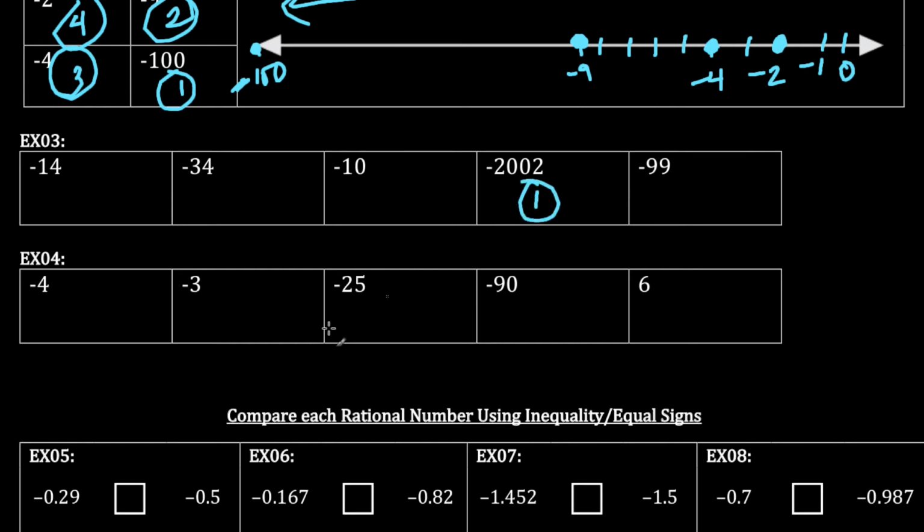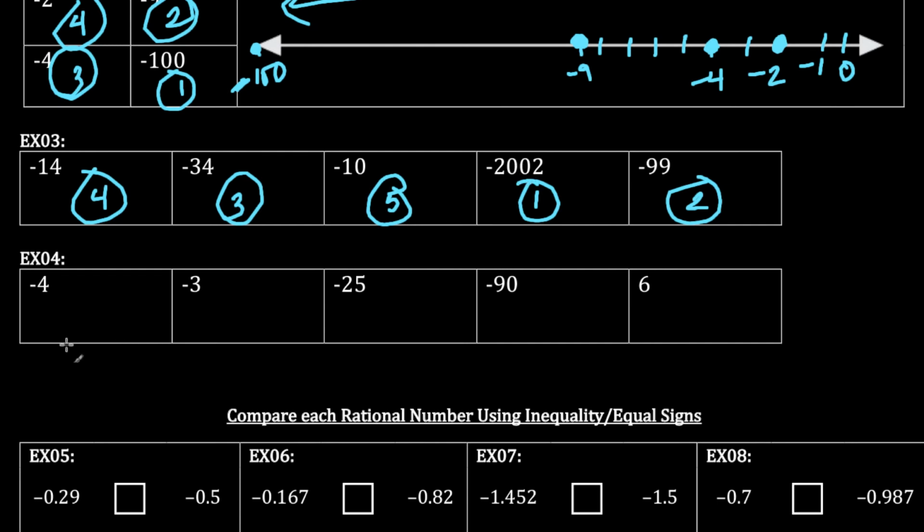So least to greatest, that's first. The next biggest negative is here. The next largest negative is right here. The next largest negative is right here. And the last negative is right here. This one has the largest value, or the greatest value, and this one has the least value.